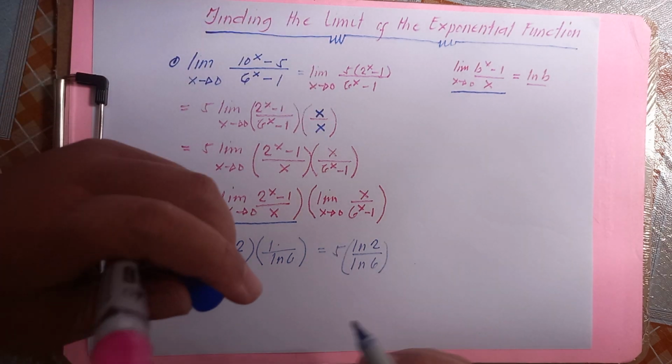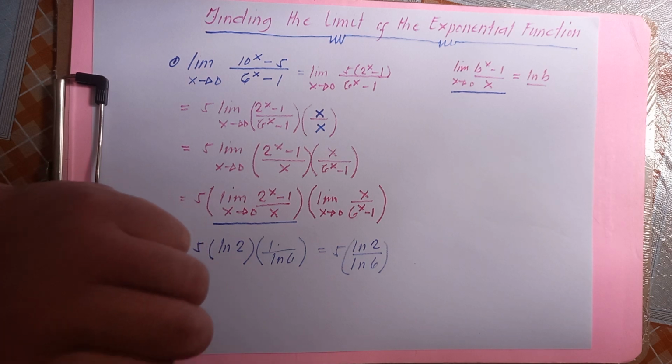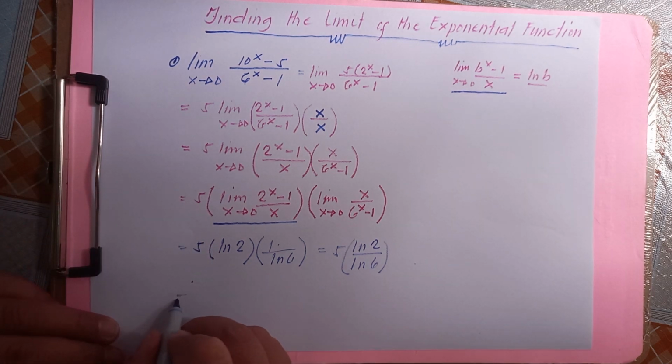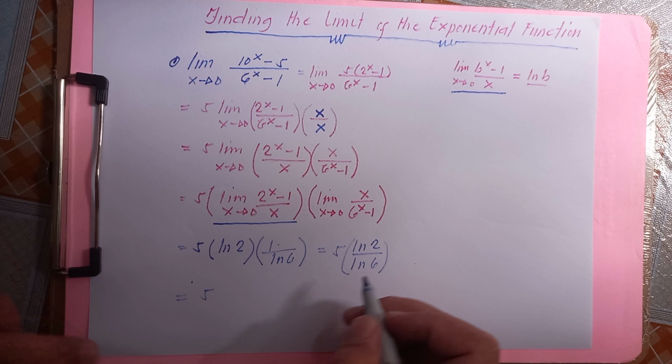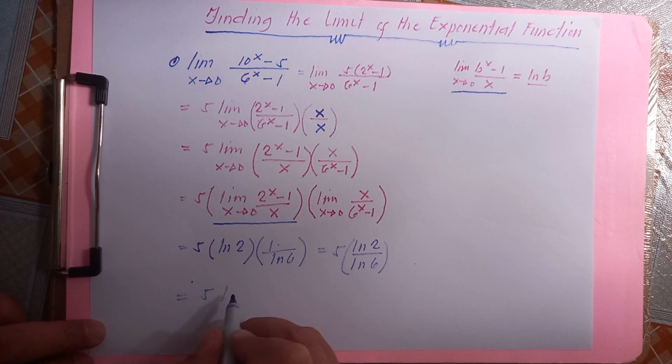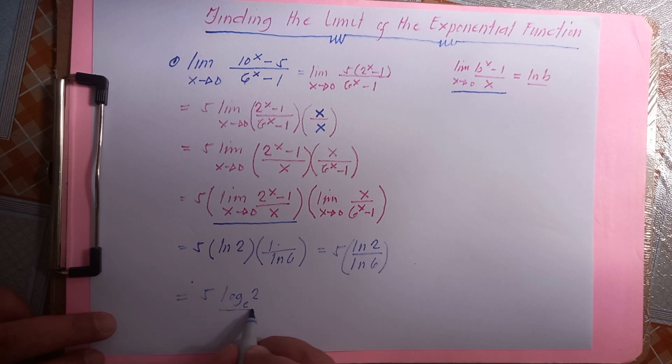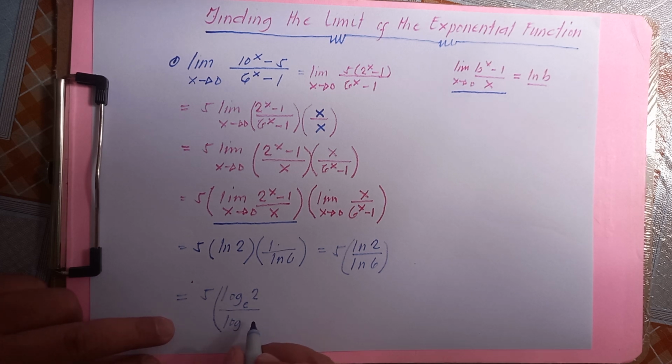Multiplied by 5. And notice that when we have the idea of the logarithm 5, how about this one? That is actually log of 2 with the base e, over log of 6 with the base e.